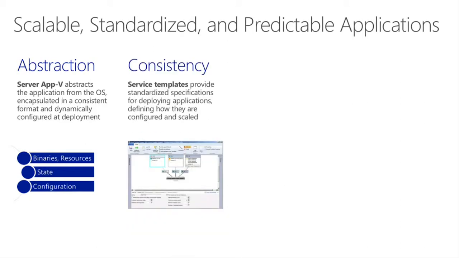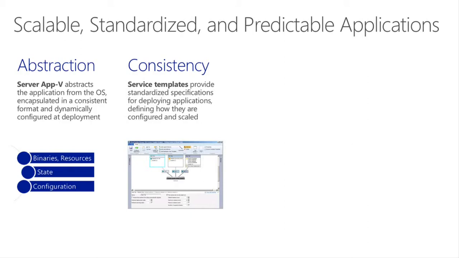Next, we think about consistency. Consistency is using a concept called service templates. Service templates provide the mechanism for deploying applications within a standardized specification. This includes hardware requirements, OS support, and server roles required, and also how the application can scale.